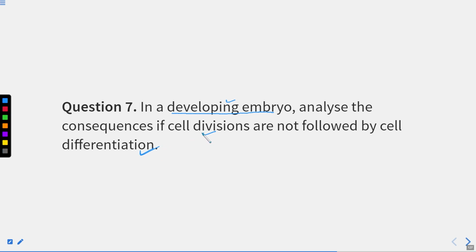So there is a difference between cell division and cell differentiation. Through cell division, what happens? More number of cells are formed, or you can say the organism multiplies. There is an increase in number of cells. Okay, and what happens during cell differentiation? The cells mature.